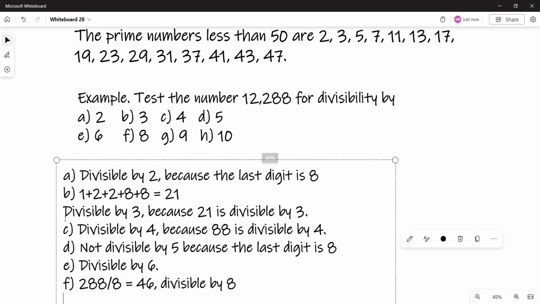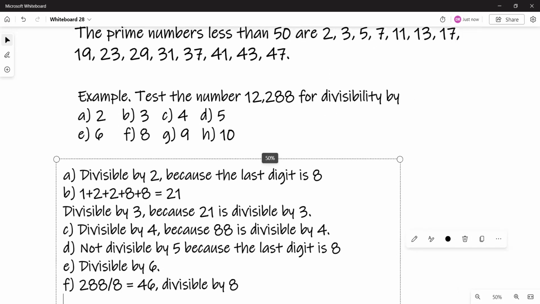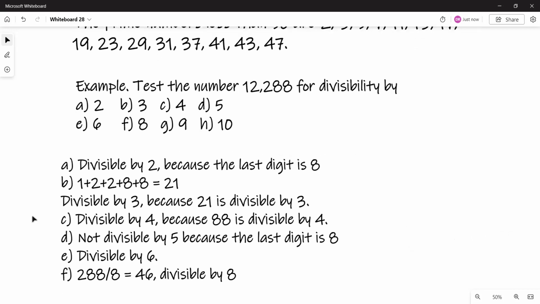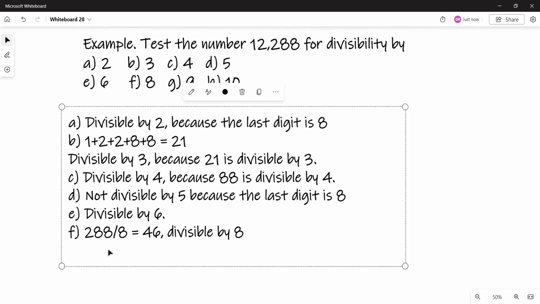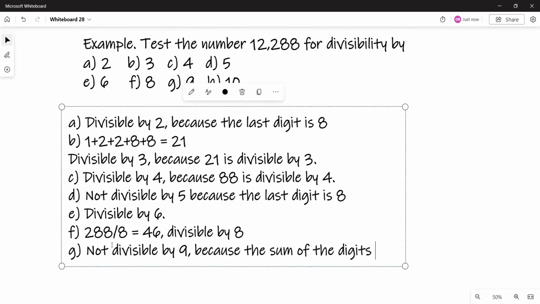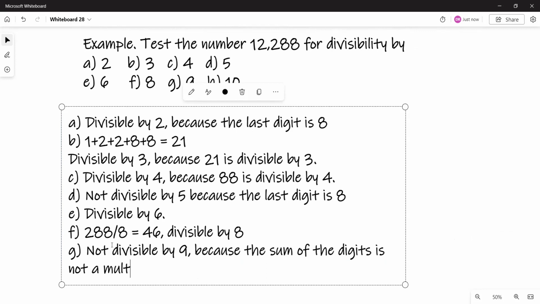So it is divisible by 3, but not by 9, because the sum of the digits is not a multiple of 9. And it is not divisible by 10. If it's not divisible by 5, it cannot be divisible by 10.